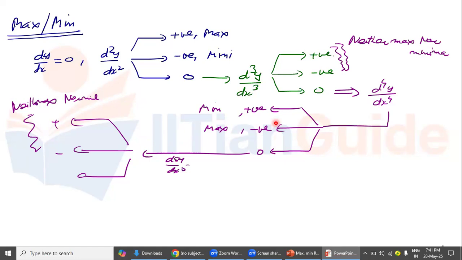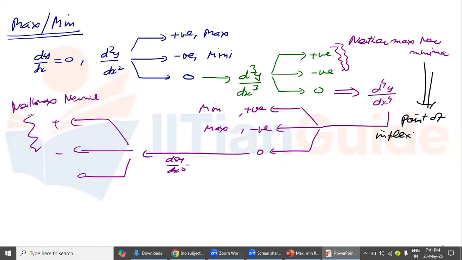Got it? What I said? In case the odd derivatives are not 0, the third derivative is not 0, or the fifth derivative is not 0, then it is called neither maxima nor minima, or we can say that it's called a point of inflection. It is called a point of inflection.